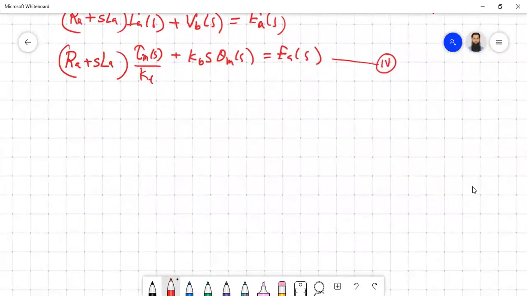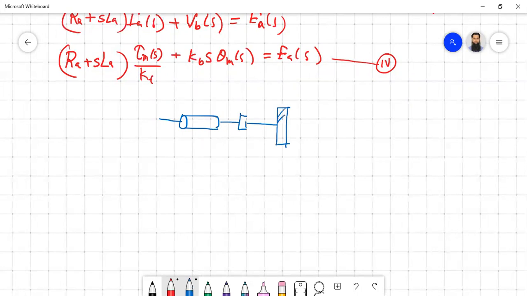The mechanical load can be assumed to have inertia as well as friction. From the nature of the motor, we know that it has friction with the bearing as well as a yaw friction. So the bottom line is one equivalent inertia and one equivalent friction parameter in the load.